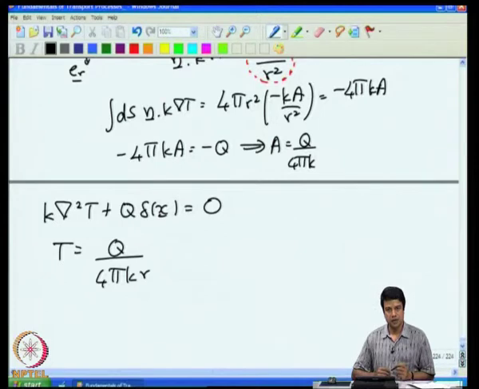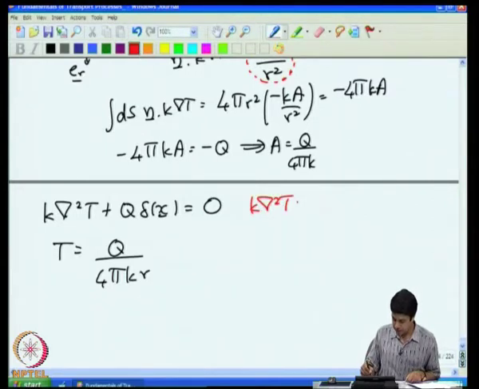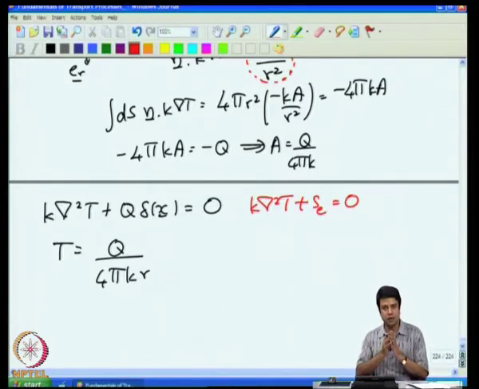Recall that in the heat conduction equation, we had defined the delta function. When we defined the delta function, we noted that it had dimensions of 1 over length cubed or 1 over volume. In the heat conduction equation, we previously had an equation of the form plus S E is equal to 0. S E was defined as the heat generated per unit volume.